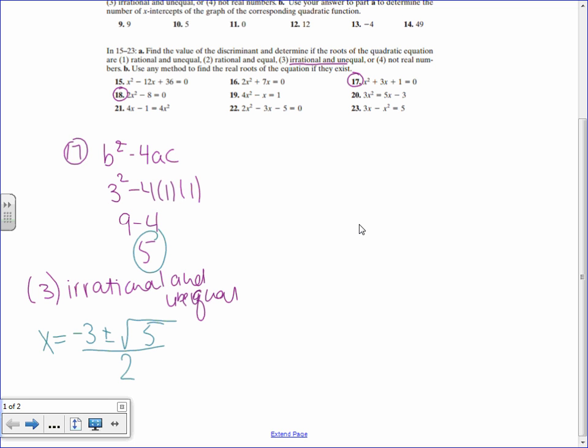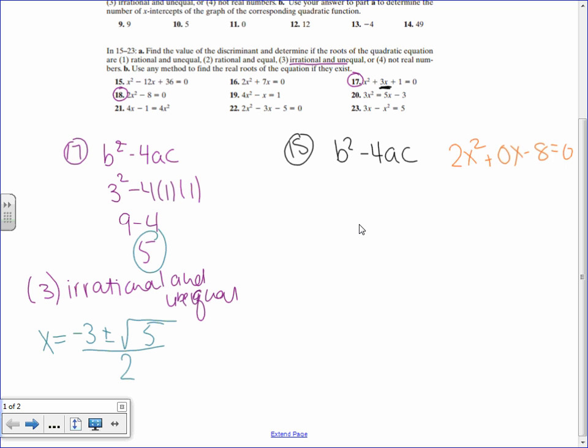Number 18. Find my discriminant, b squared minus 4ac. Now in this case, there is no b, because b is what goes on the x term. So what you could do is put in a little placeholder. We could rewrite this as 2x squared plus 0x minus 8, if that makes it easier.